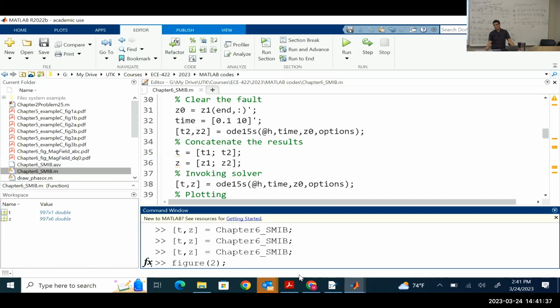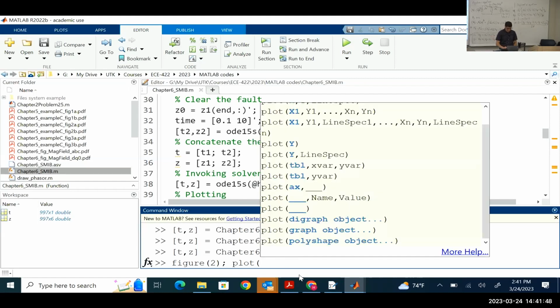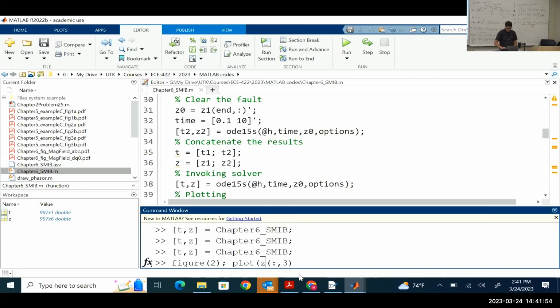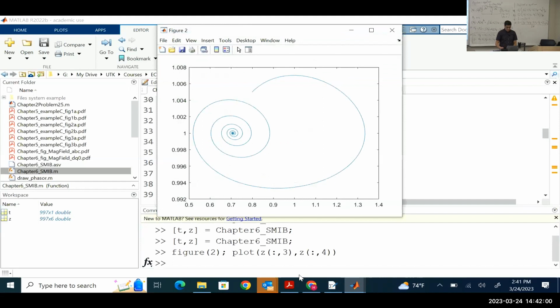So what are we going to plot? Well, we can see just one part of that space, which is going to be delta and omega, okay? So we plot delta, which is the third variable, we call them z, and the speed here, and then that's the solution.